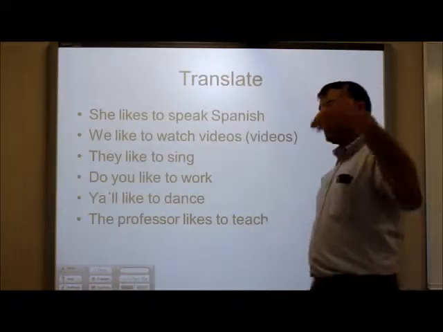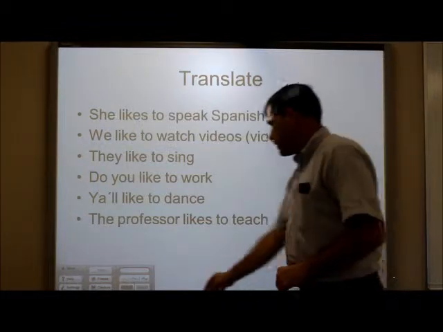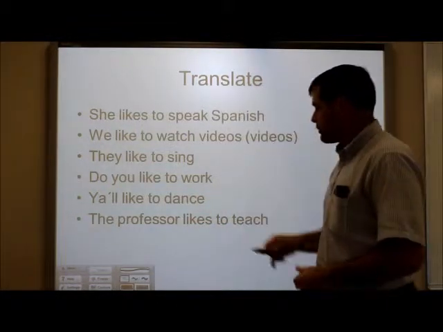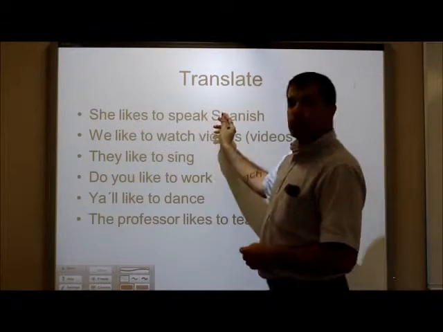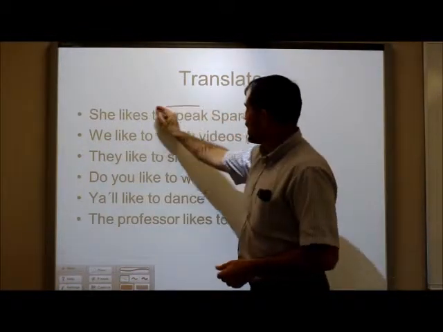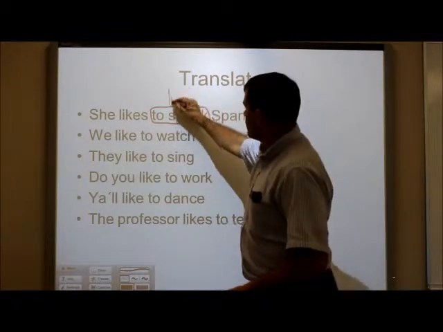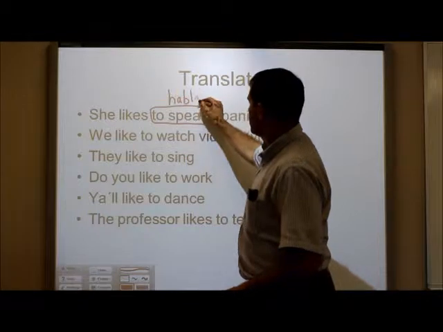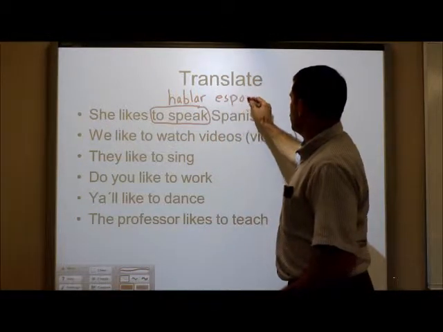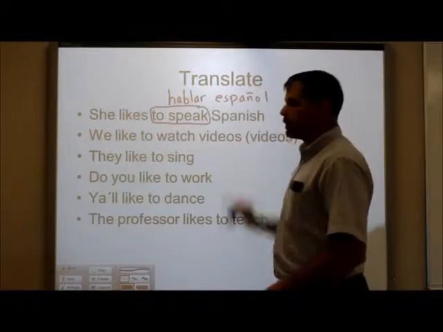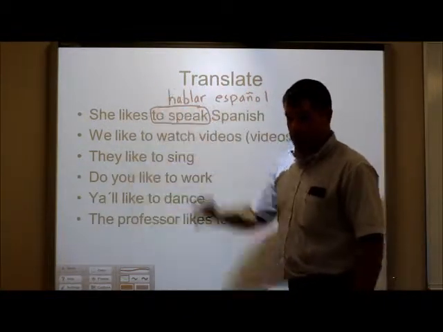And finally, you should be able to say just basic statements about likes and dislikes. Alright? So we won't take all of these because we've already practiced some, but let's just go through and say, she likes to speak Spanish. So once again, we have a verb, to speak, which is hablar español. So really what we want to say is, to speak Spanish pleases her, right?